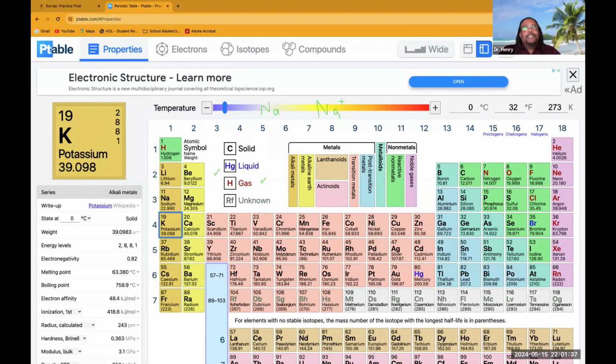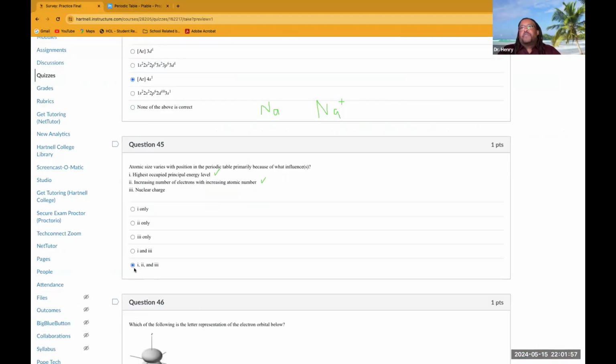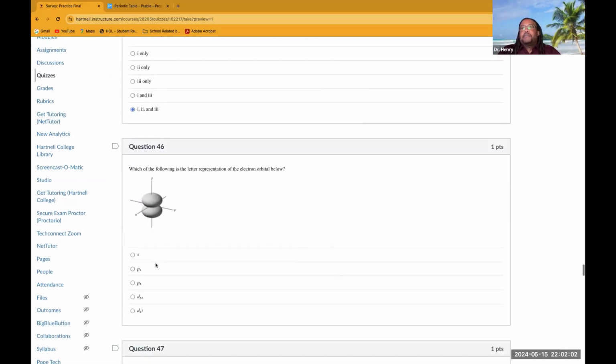For some reason, nitrogen is a little bit smaller than oxygen, where you'd expect oxygen to be a little bit smaller. And then I think beryllium does the same thing as well. But there are just a few exceptions. For the most part, it obeys the rule.